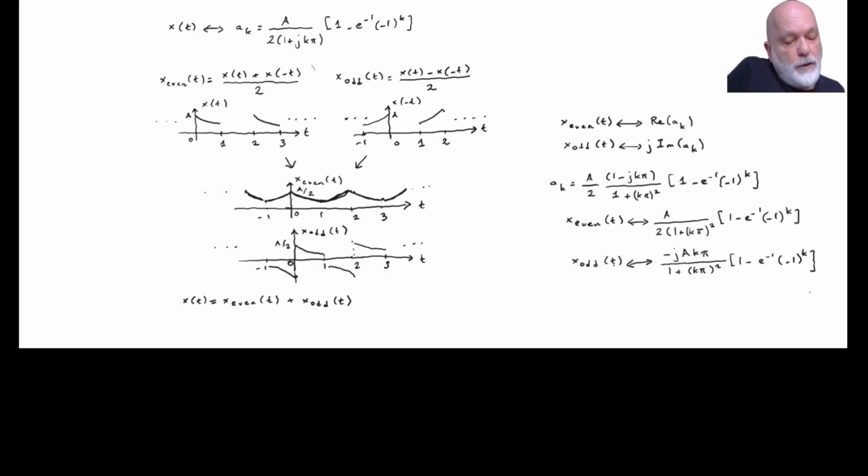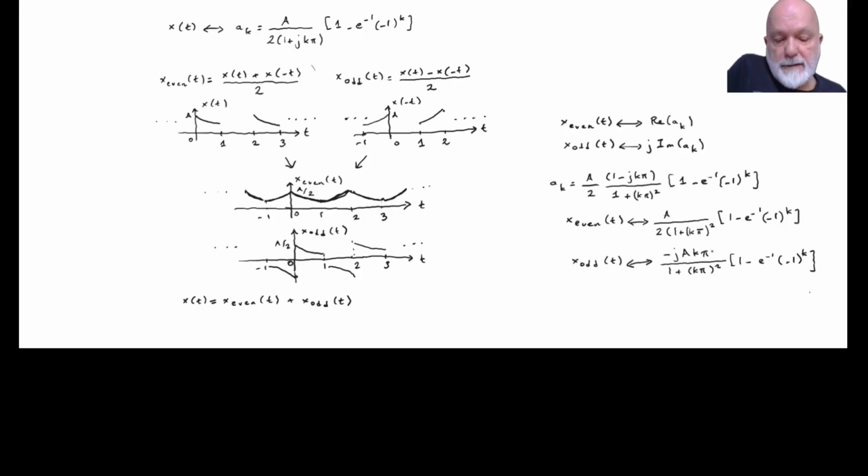But for the odd part, the behavior is in the form 1 over k. The magnitude is proportional to 1 over k for larger values of k in the odd part, but in the even part it is 1 over k squared. So why is this so?